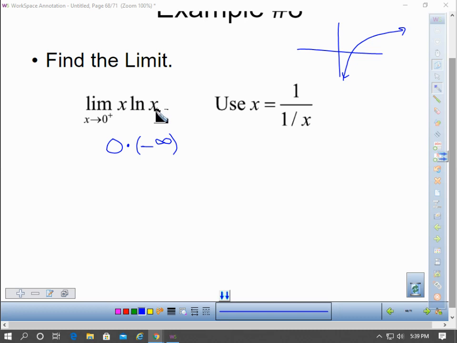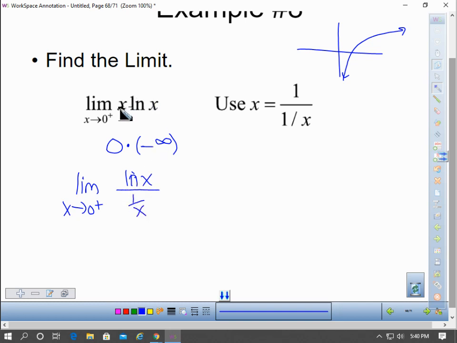So what I want to do here is I'm giving you a hint here what to do. We want to rewrite x as 1 divided by 1 over x. That's still x, okay? So 1 divided by 1 over x is actually x. So we want to divide, so we're rewriting this limit as a quotient. So I'm going to do the natural log of x divided by 1 over x.